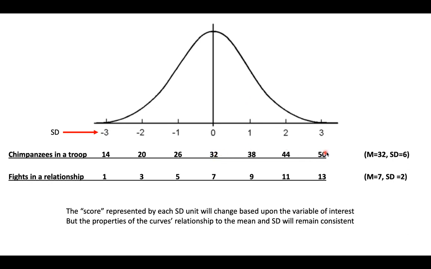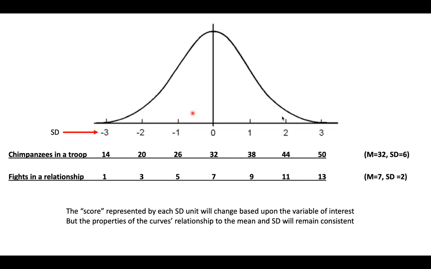But a chimpanzee troop of 50 is very uncommon. That's 3 standard deviations above the mean, right? 32 plus 6 plus 6 plus 6. So a chimpanzee troop of 50, we would be able to say, is a very large chimpanzee troop, just as we could say that a chimpanzee troop of 14 is a very small chimpanzee troop.